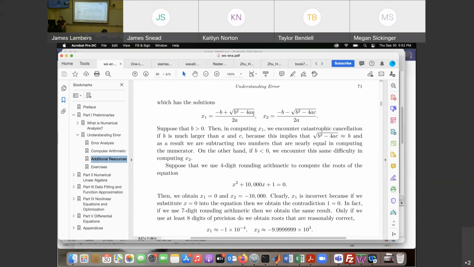So then this square root works out to be approximately the absolute value of b. So one of these, either a choice of a plus or a minus, is a subtraction that will have a cancellation error. But that means that the other one is okay.